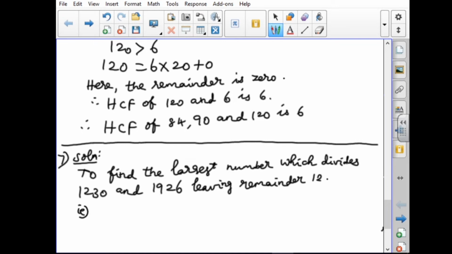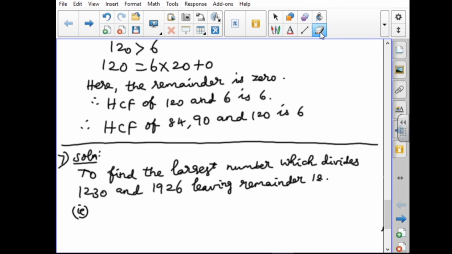This is the meaning. First you have to subtract the remainder. Then only we will get the numbers. Because they have given the remainder here, this number is including the remainder. So we have to subtract the remainder, so that we get the original number.